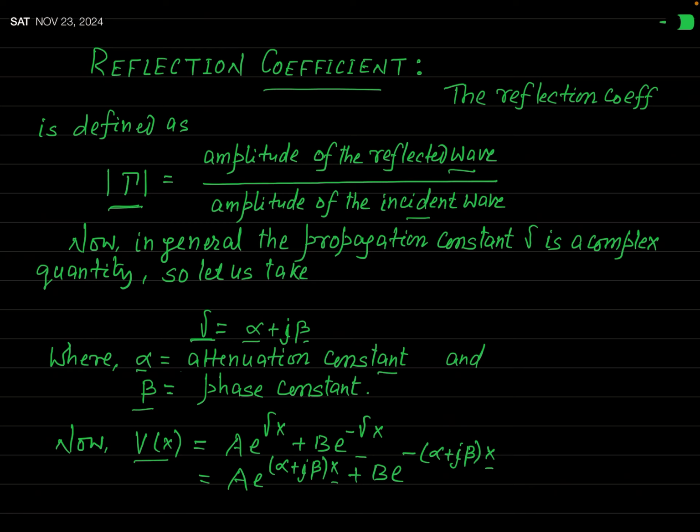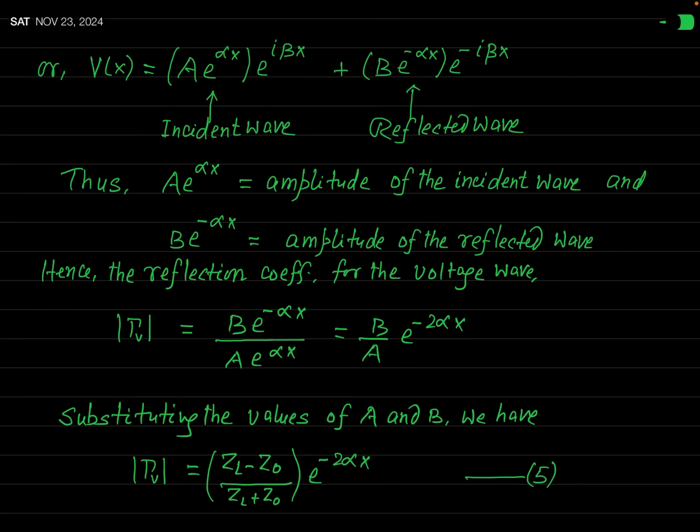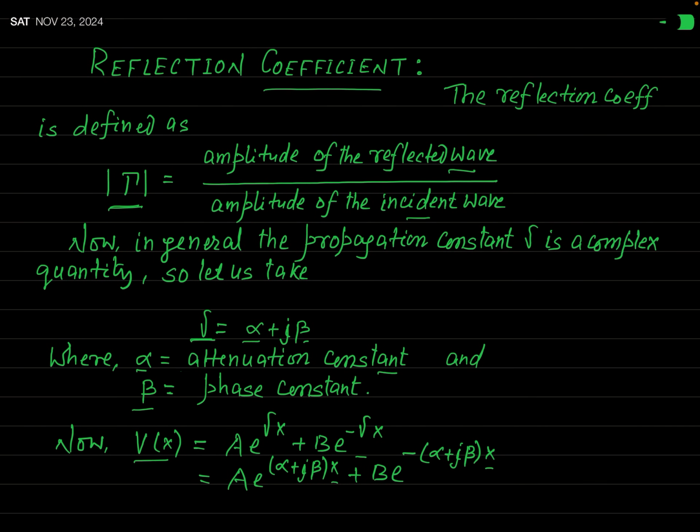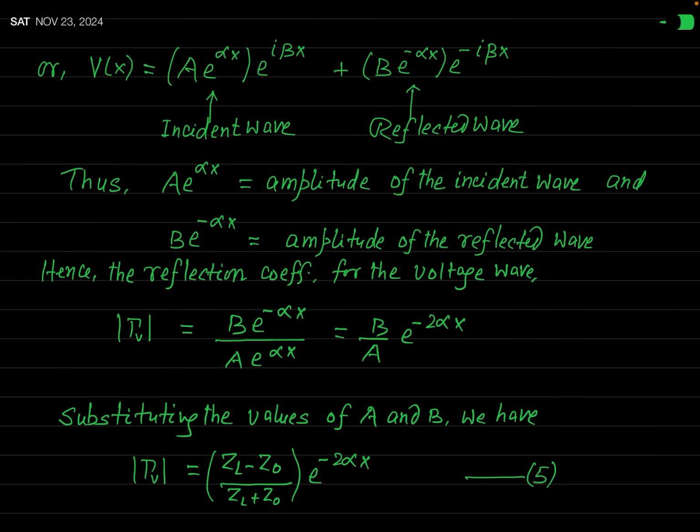Now we will simplify the right-hand side of this equation a little bit so that we can cast it in a proper form, so that we can decide what the amplitude and the phase factor of the wave are. Writing e to the power (alpha plus j beta) x in this form, this will be A e to the power alpha x times e to the power j beta x.